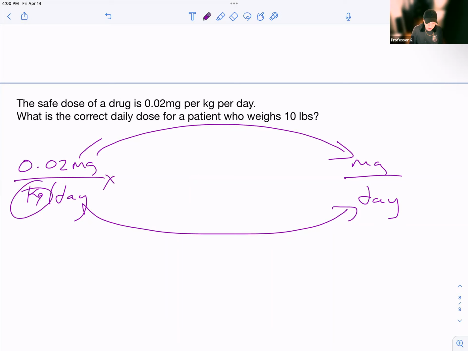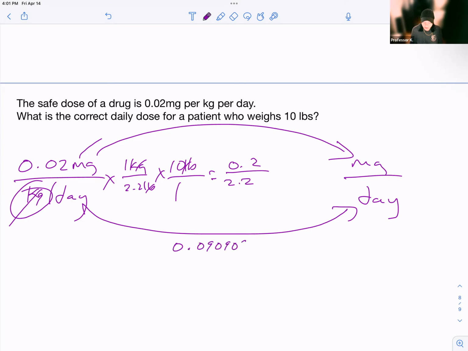The patient weighs in pounds, so 1 kilogram is 2.2 pounds, and the patient weighs 10 pounds. It's a baby, over 1. So I get rid of kilograms and pounds. When I do this math, it'll give me 0.2 and 2.2. Now, when I divide 2.2 into 0.2, we're going to get 0.090909. The rounding rules are: less than 1, we round to the hundredths.